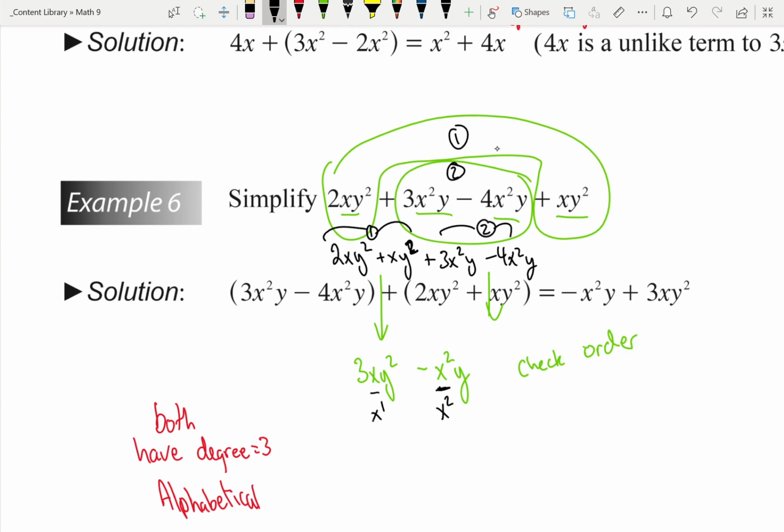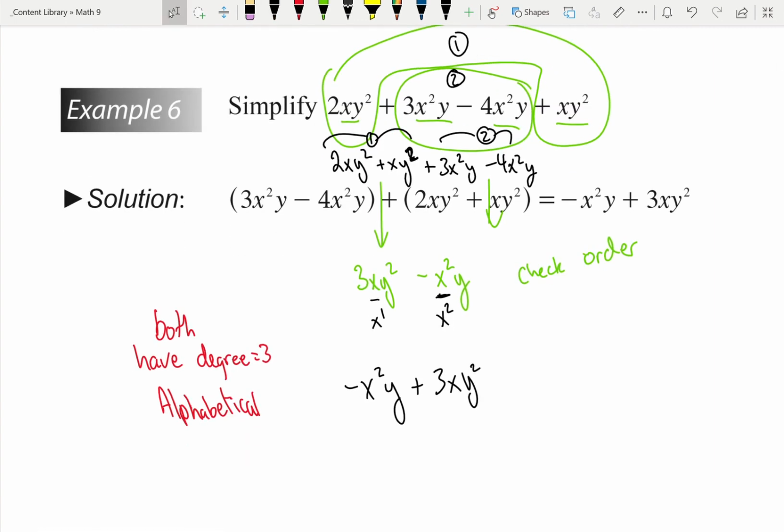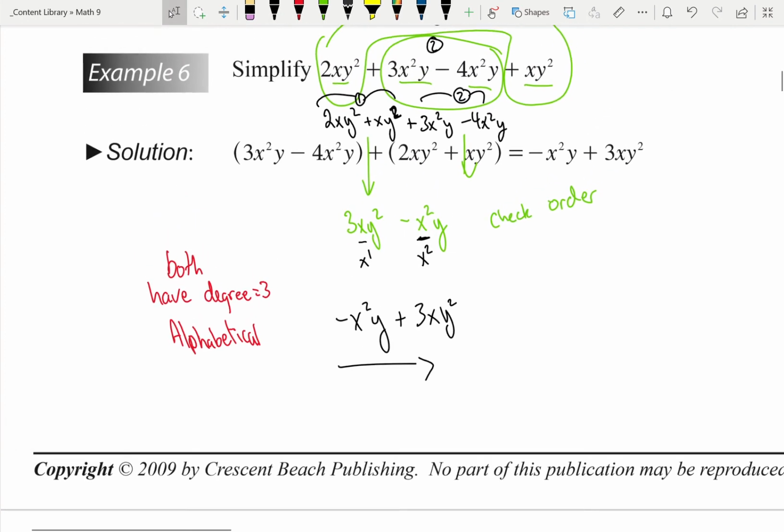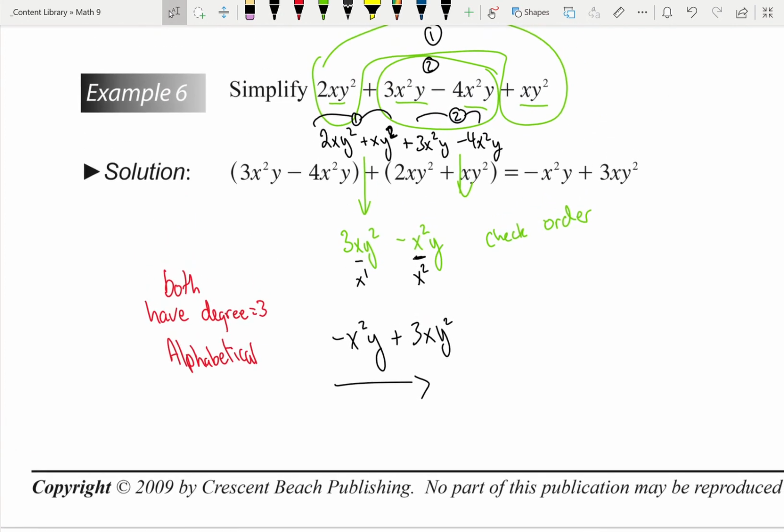So I want to put negative x squared y first, and then plus 3xy squared. So one of the things you'll notice is that my x's, which come before y's, start at the highest number and they get smaller and smaller, and the y's get bigger and bigger as I go this way. Okay, so that is really the key parts of 5.1.